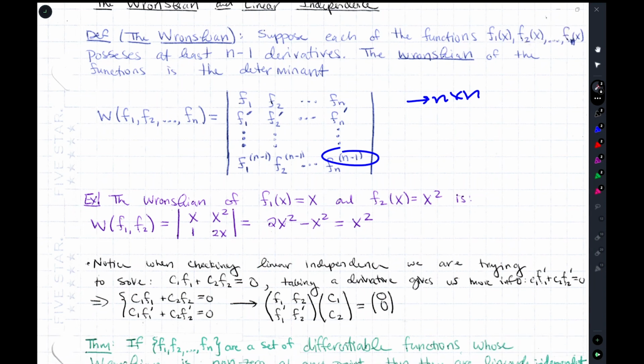So we're going to be using this Wronskian to check linear independence. Hopefully that's not a spoiler. Notice when checking linear independence, we're trying to solve this equation for two unknowns.